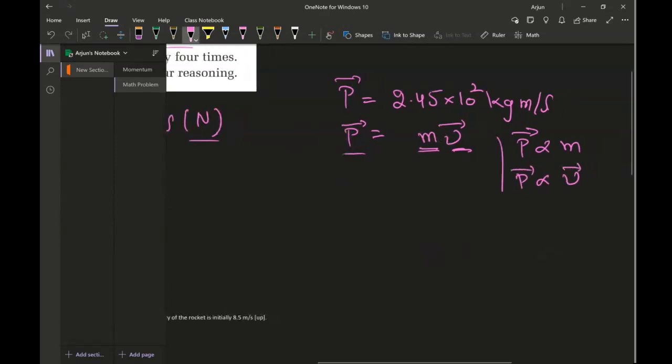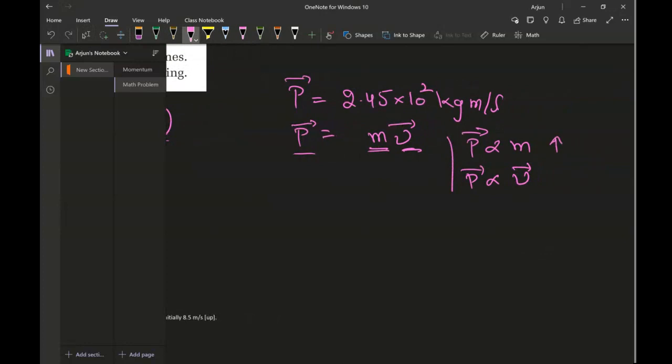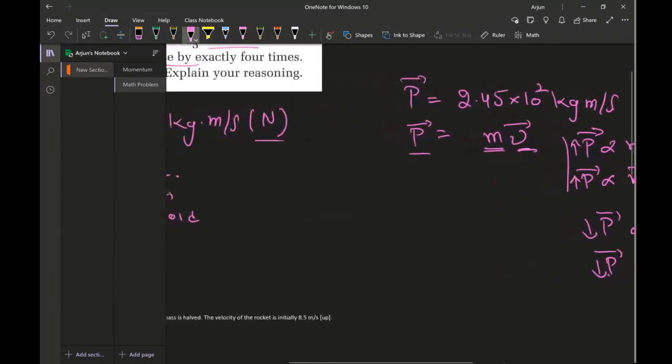What does that mean? It means if I increase the mass, then momentum will increase. If I increase the velocity, then momentum will also increase, and vice versa. So if I decrease the mass, then the momentum will decrease, and if I decrease the velocity, then the momentum again will decrease. So I'll use the numbers.